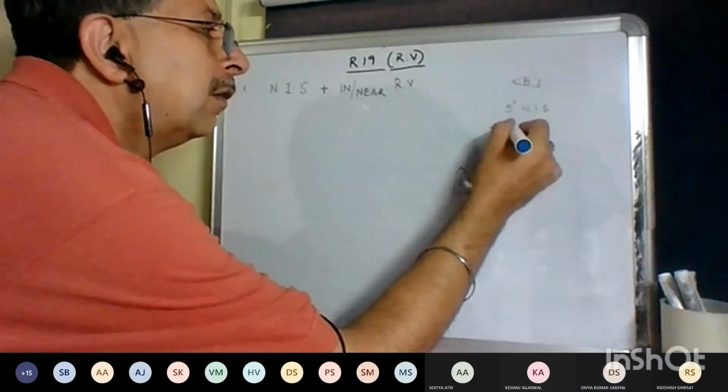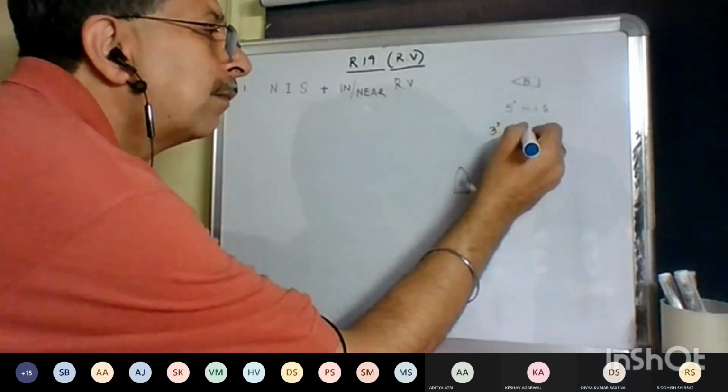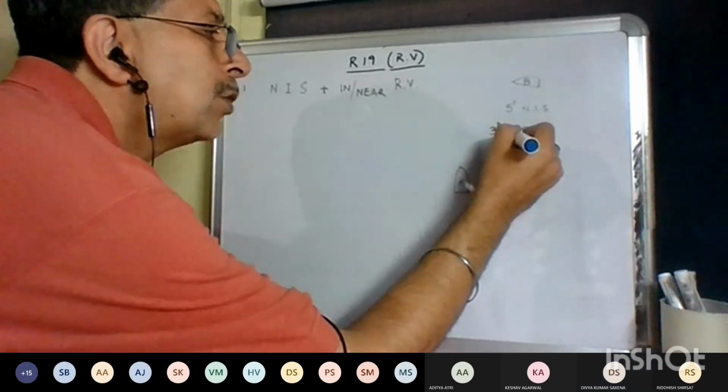3 miles off, vessel becomes in sight. Which rule will apply?